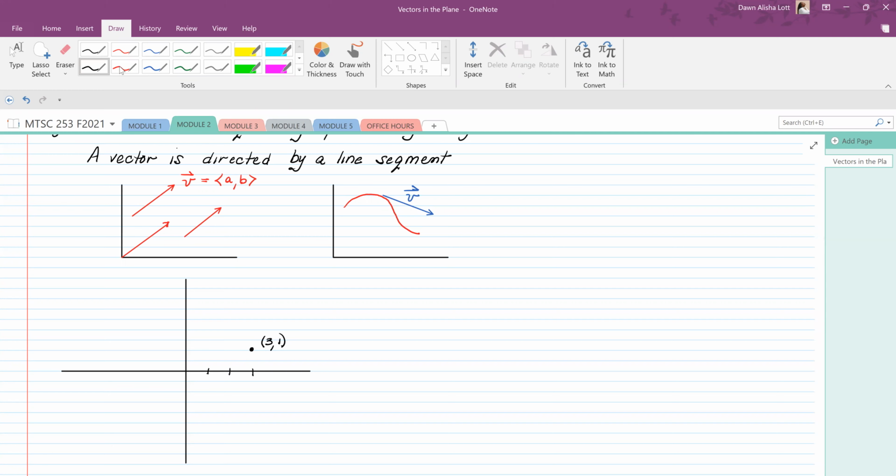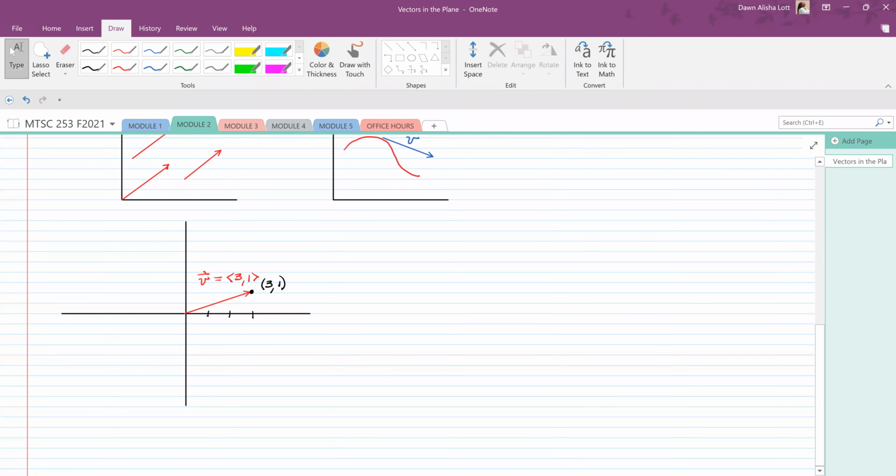And then I draw my vector. My vector starts at the origin and ends at that point. Then my vector V is the vector 3, 1. Okay, it goes to the point 3, 1, and it ends there.